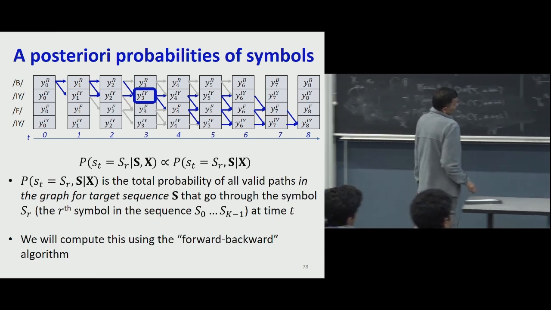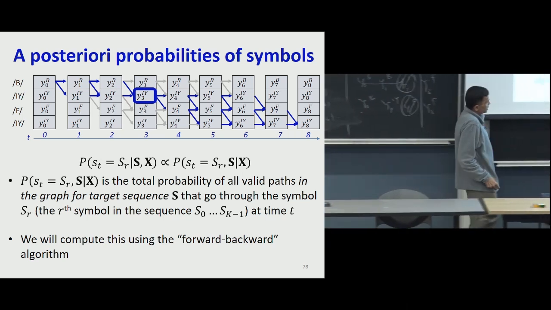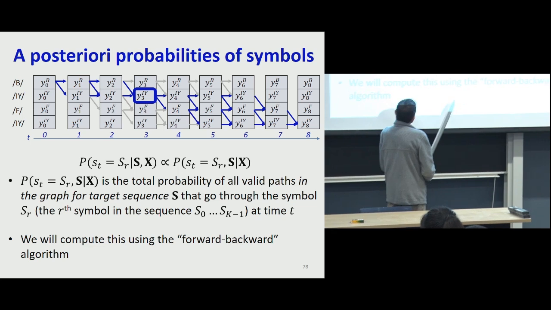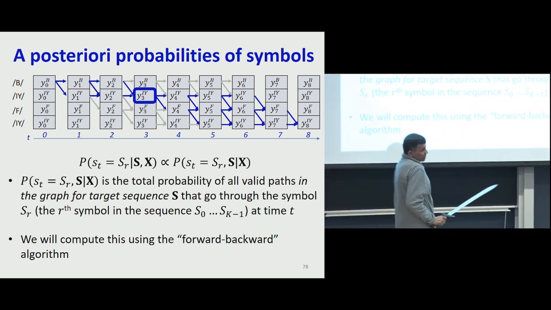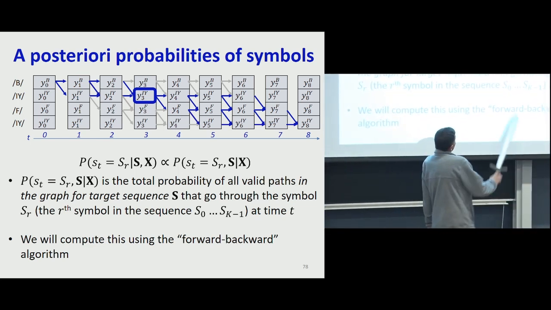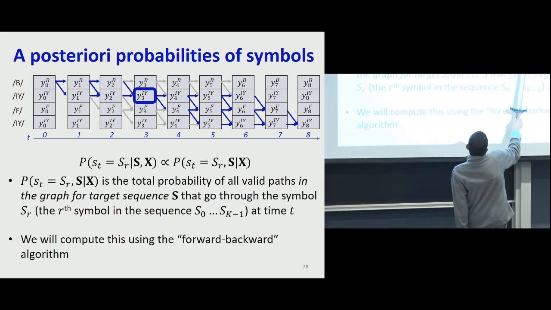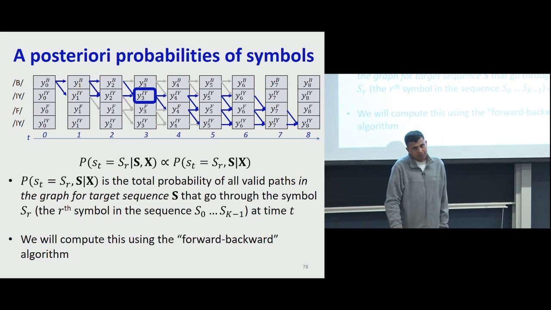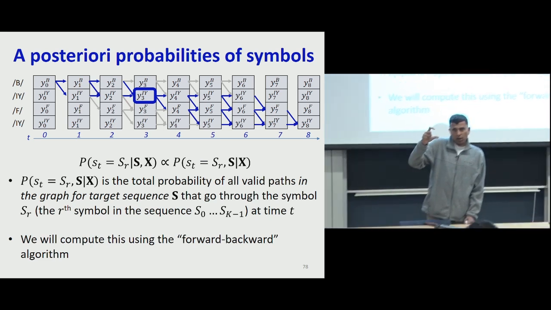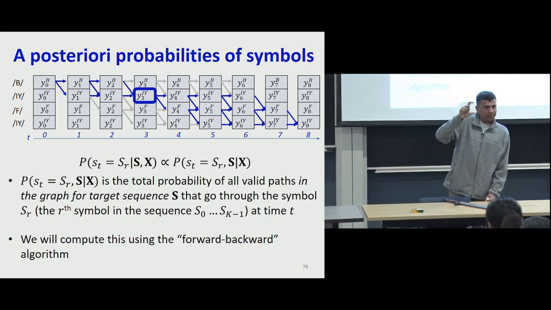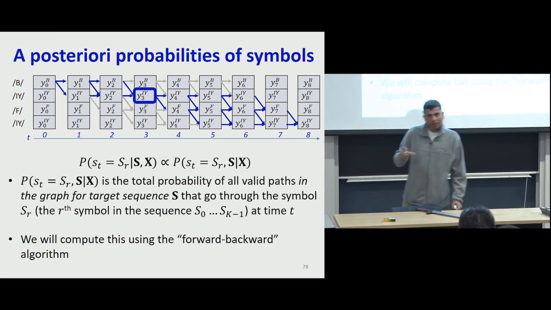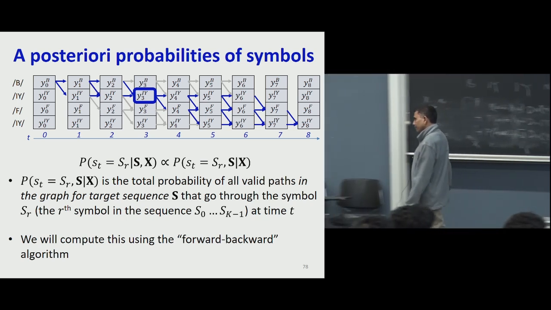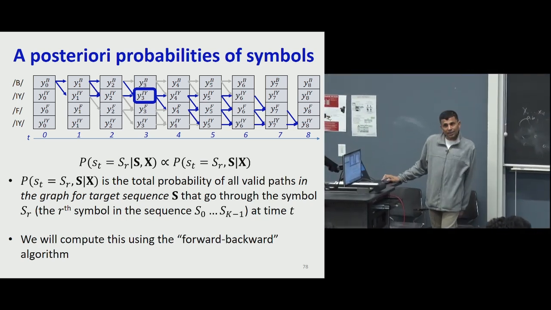So this, which is the probability that the alignment at time t contains the symbol S_r, given everything, is simply proportional to the probability of all paths that go through symbol S_r at time t, which is the specific highlighted blue box. Make sense? Right? And once you state things in this way, then things become really trivial to compute. You can compute that, yes.